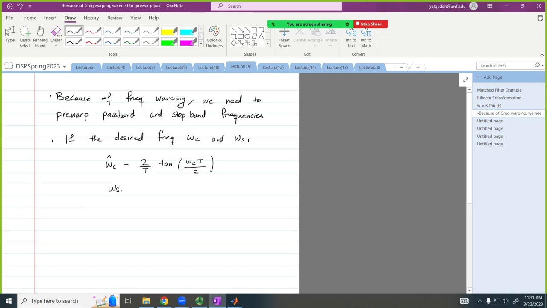And we're going to use omega stop hat, that is 2 over T tangent of omega stop T divided by 2.